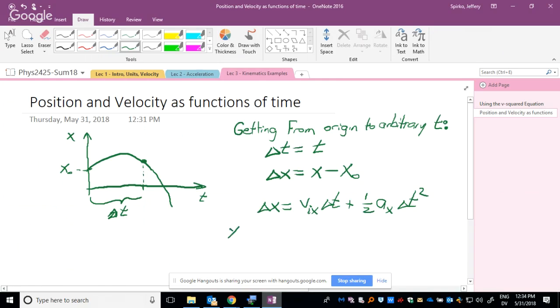This turns into x minus x naught. This we usually call v naught, sometimes v naught x. The delta t's turn into regular t's. Oops, I shouldn't be writing delta t anymore, I just said that.